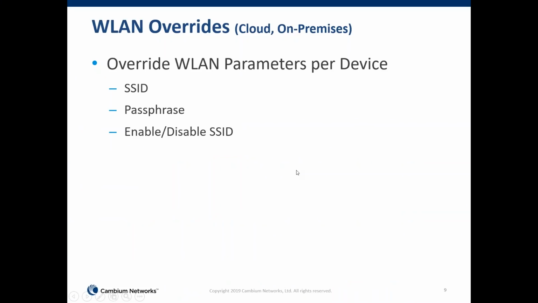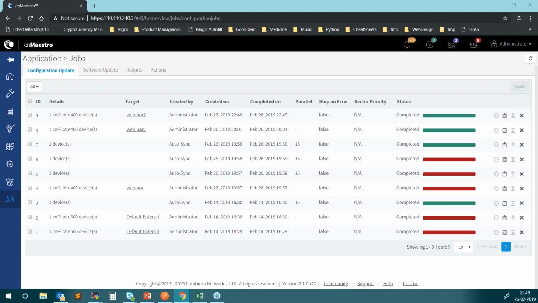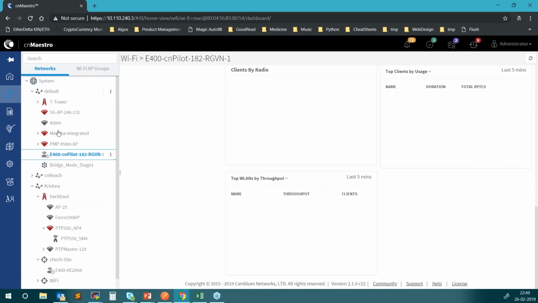The next feature in line is wireless client and LAN statistics. These are additional things which we are showing on the dashboard. Let me show you. This is for cnPilot devices.